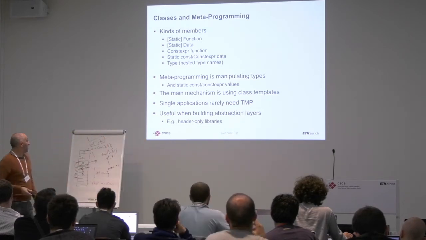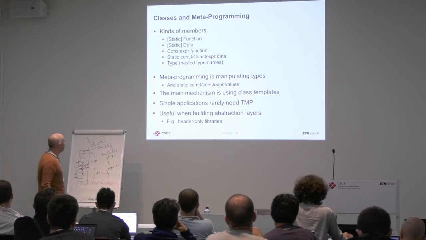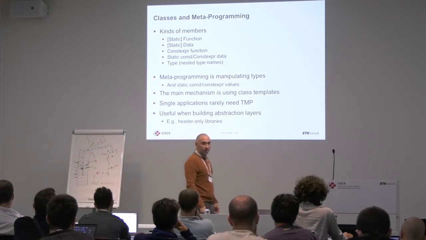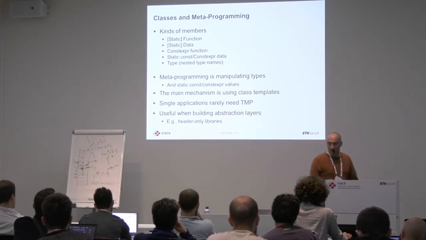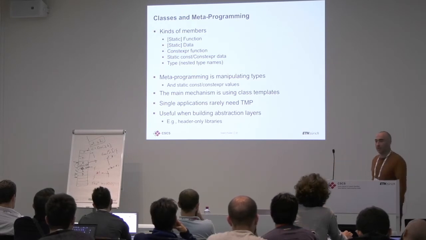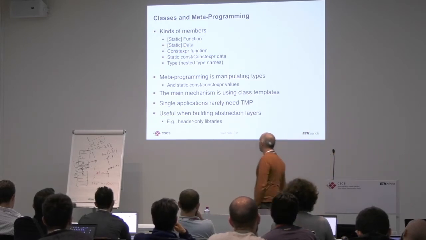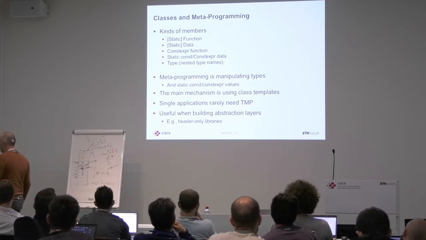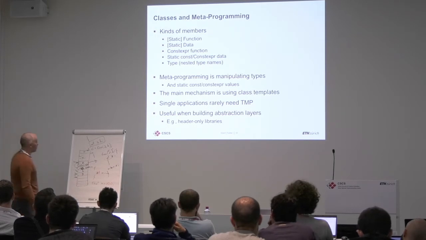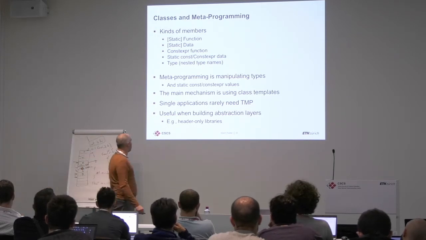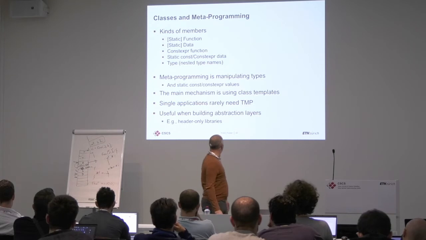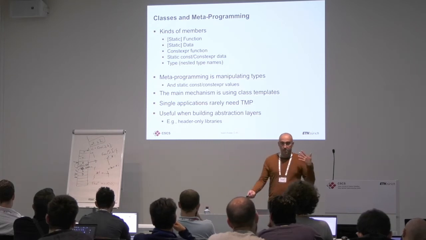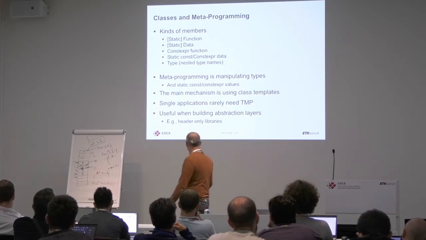But basically, template metaprogramming. We're not going to talk about template metaprogramming, but I want to give you a hint of what is possible. So classes in C++ can have different kinds of members, like static members, static functions, constexpr static data members and member functions.